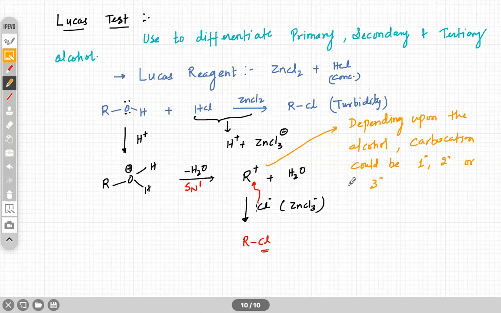We know 3 degree carbocation is most stable. So the rate of reaction is maximum for 3 degree, then 2 degree, and then 1 degree.